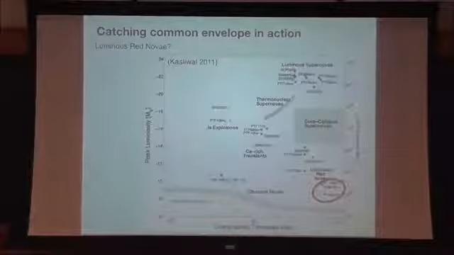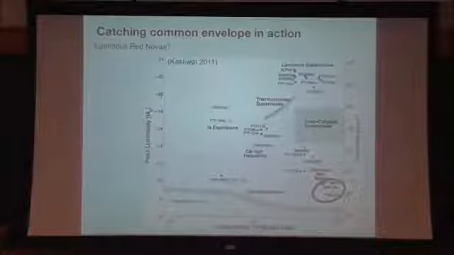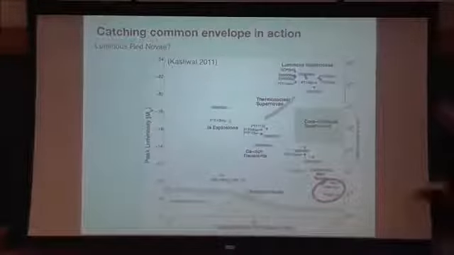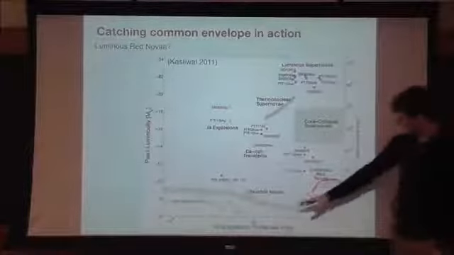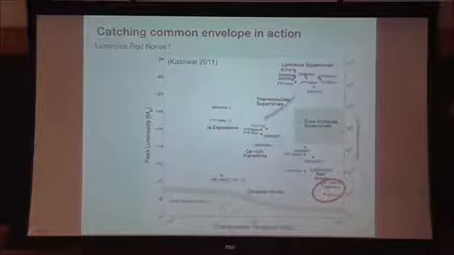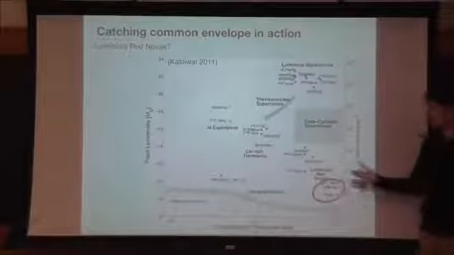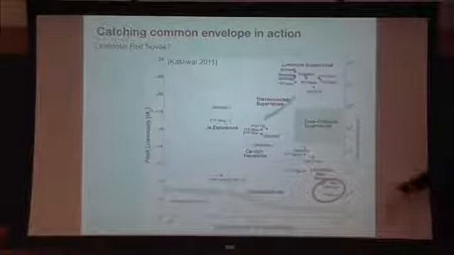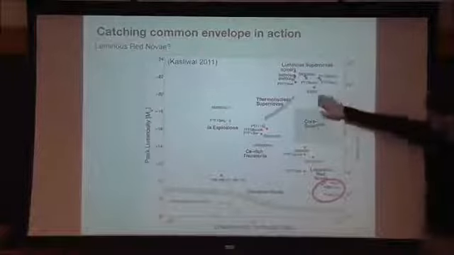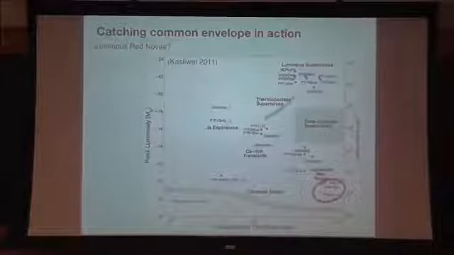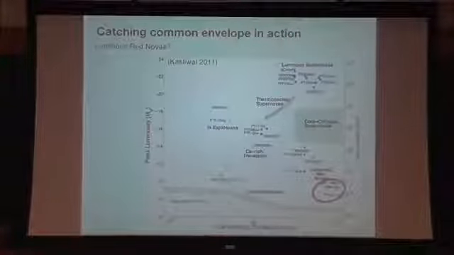But so anyway, okay, this is kind of a wonderful plot that shows all the transients we can think of, their characteristic timescale versus the peak luminosity. So classical novae live down here. They're not very bright. They have a big range of timescales. Supernovae live up here, and these objects live in this in-between. And so they're more luminous than novae.